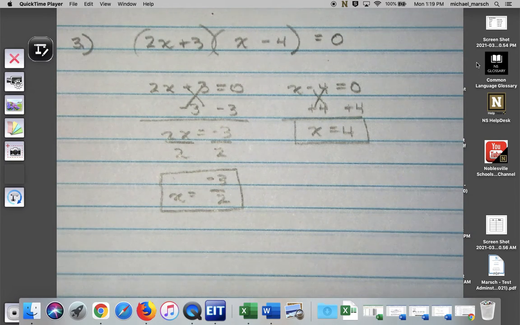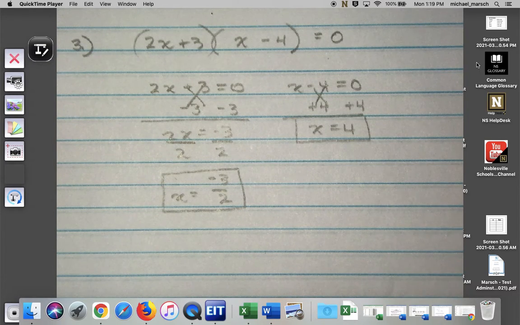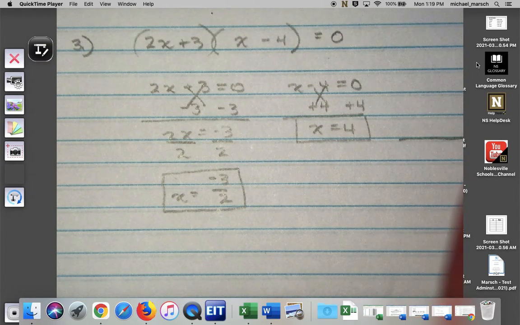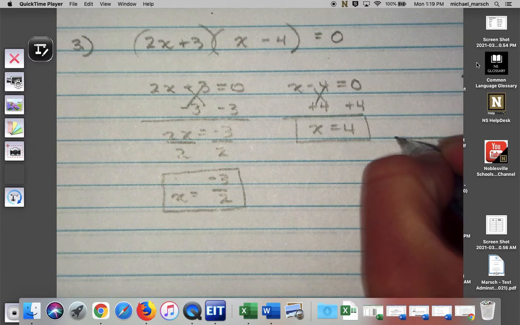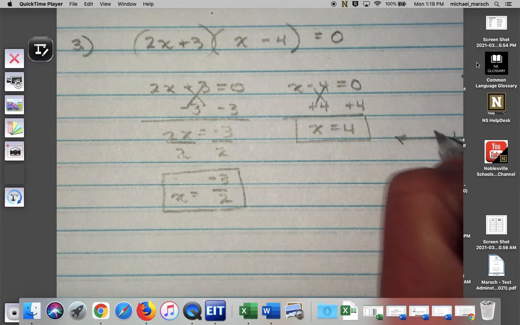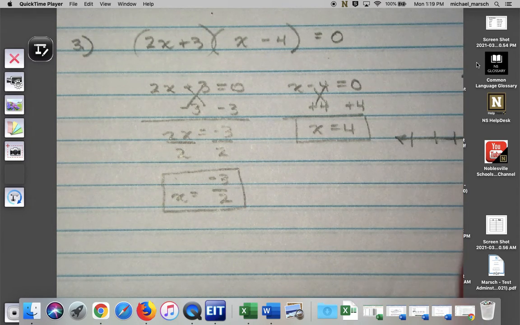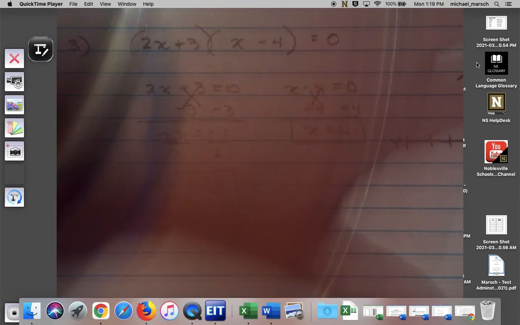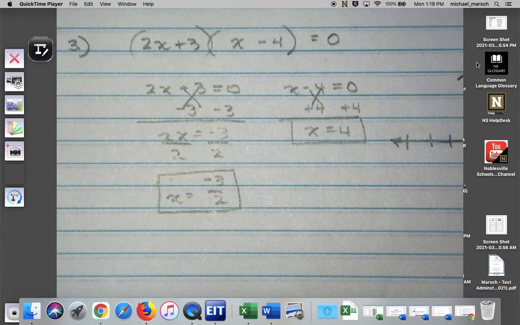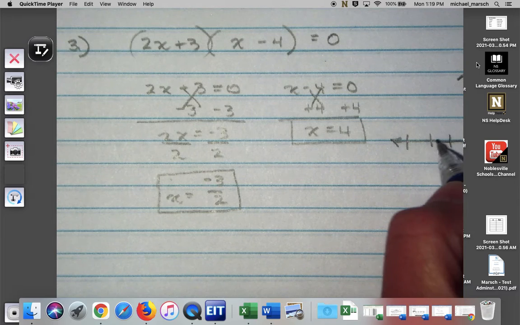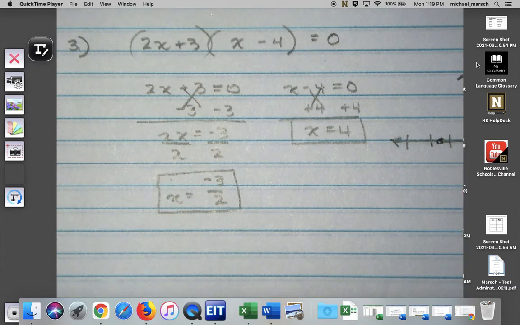So my x-intercepts here are going to be negative 3 over 2, which is basically going to be negative 1.5, and then positive 4.